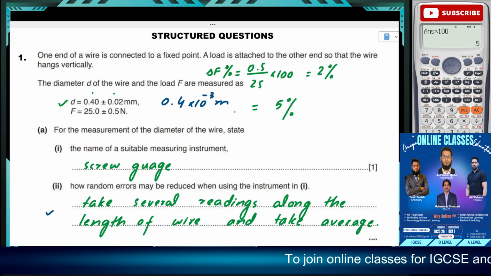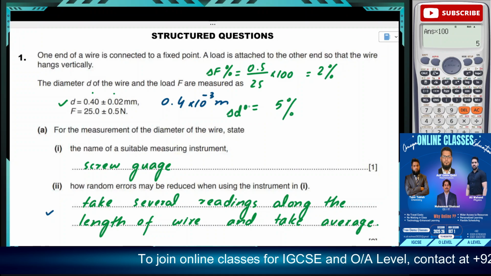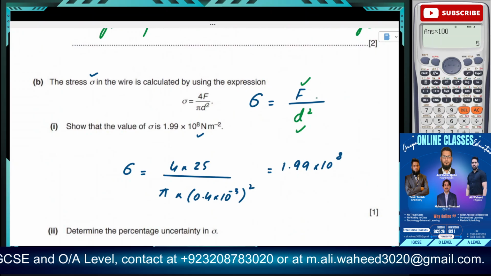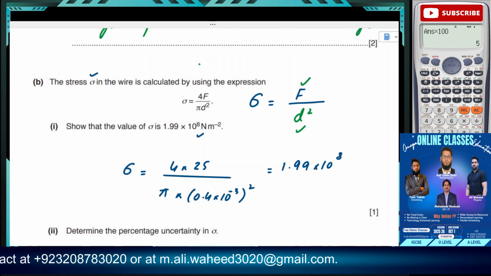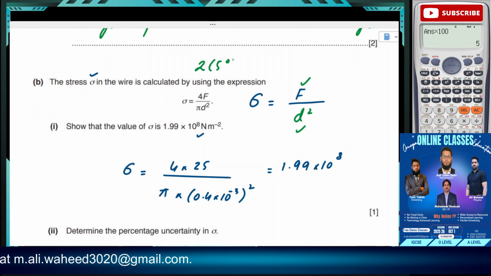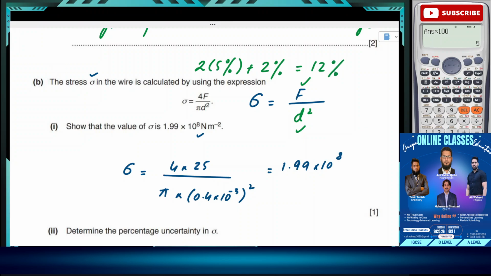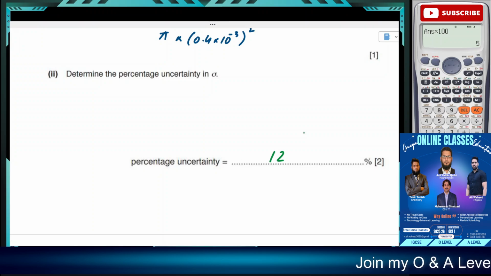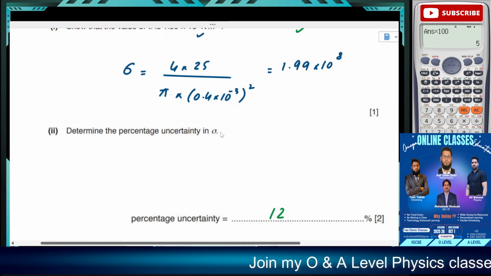The percentage uncertainty in diameter is 5%. But since it was square of the diameter, it would be 2 times 5%. For force, it would be used as it is, 2%. So the overall answer would be 12%. You can write it in 1 SF also, or in 2 SF as well. So 10 or 12, both are acceptable.